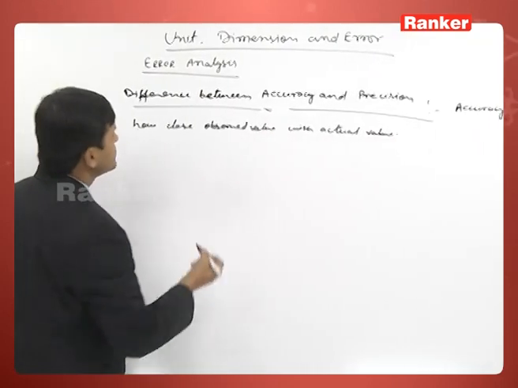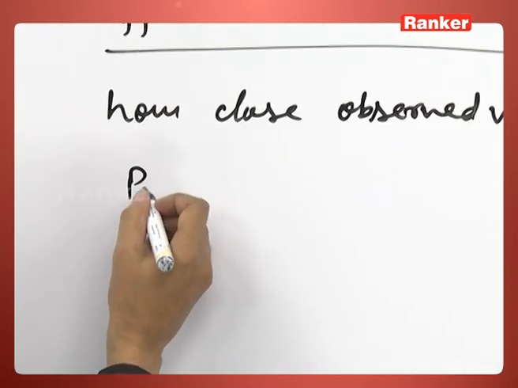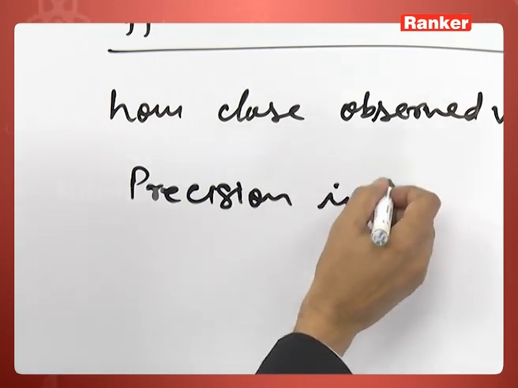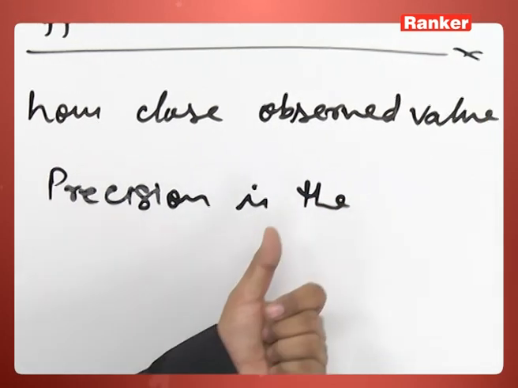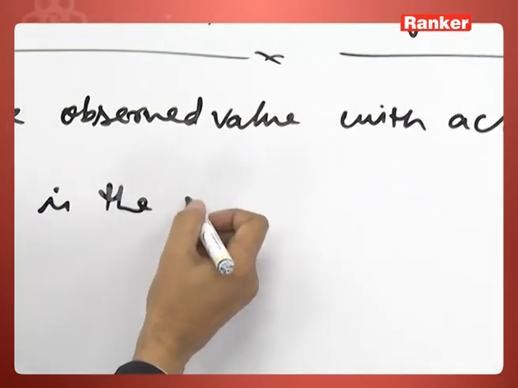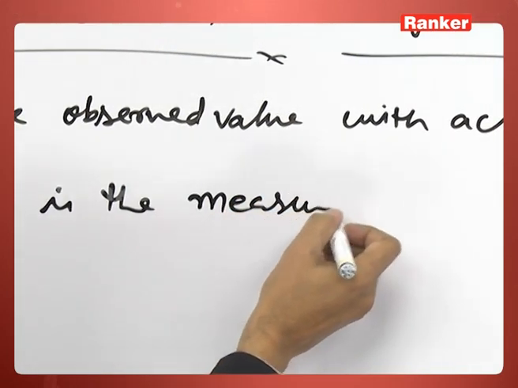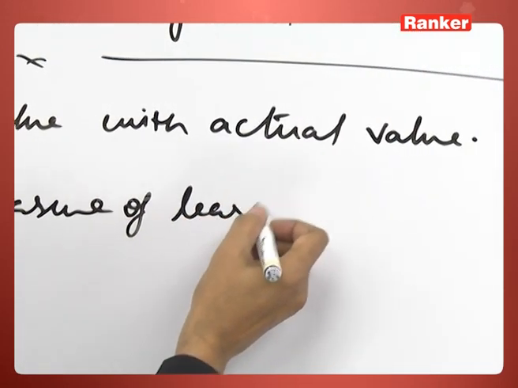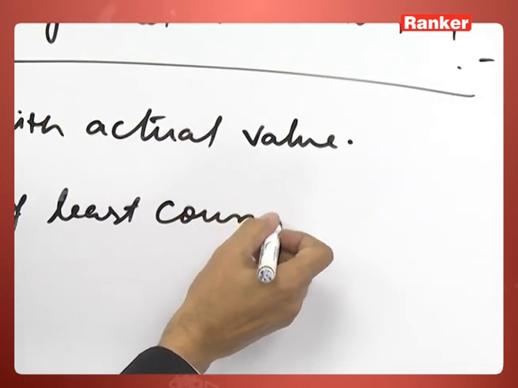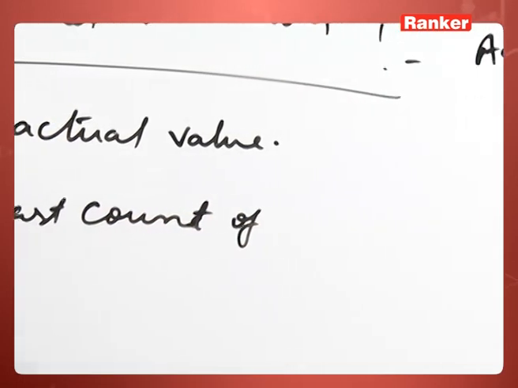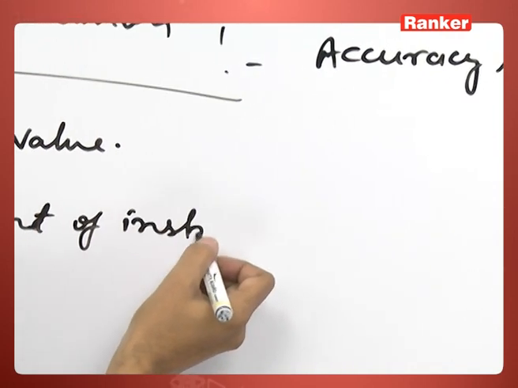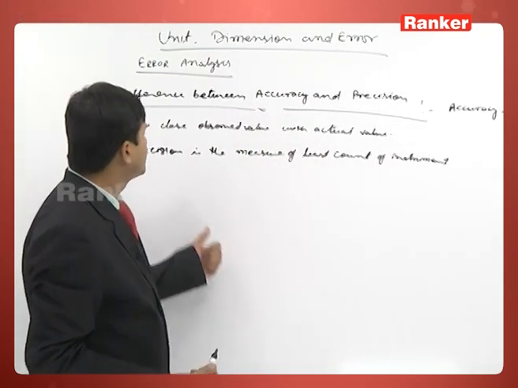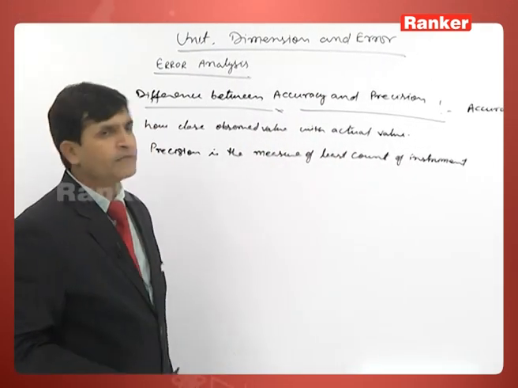Precision is the measure of the least count of the instrument.